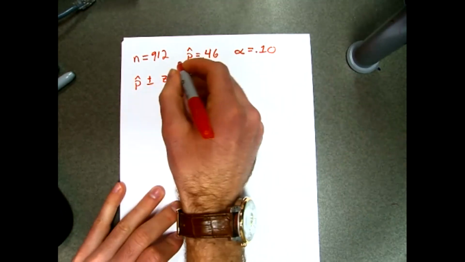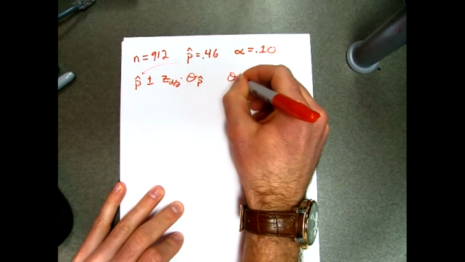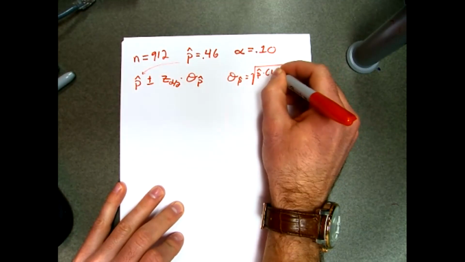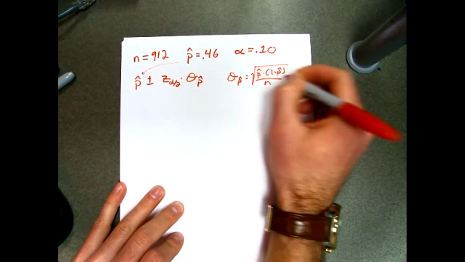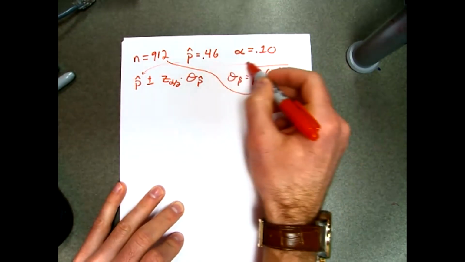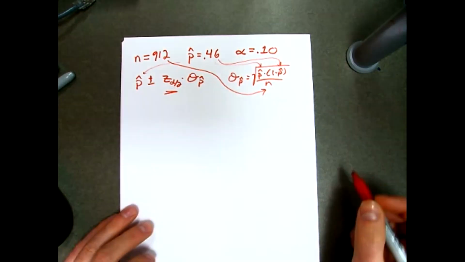All I'm going to do is plug in my sample proportion. Now, if we remember what this is equal to, I can plug in my sample size here and plug in my sample proportion. The only thing I really need to look up is that z-value.